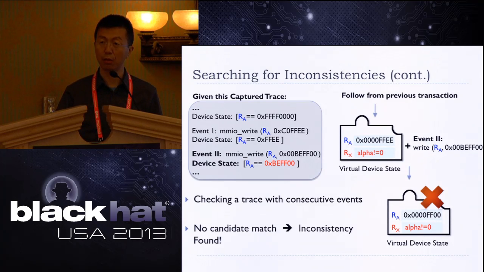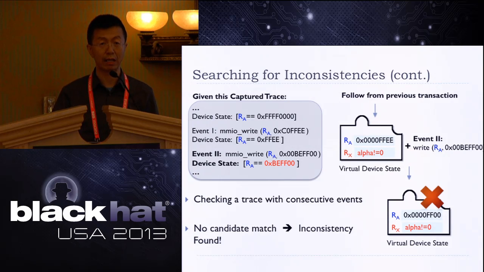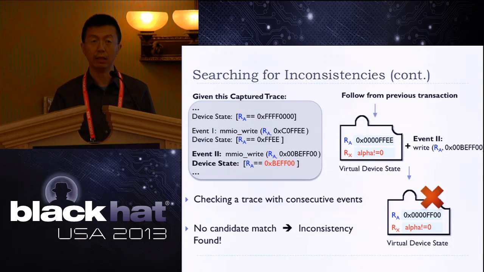Then you can conclude there is an inconsistency. So by using this simple example, I want to show you the power of symbolic execution, so that even if you don't have the complete state of the physical device, you can still do the comparison between the virtual and the physical devices.